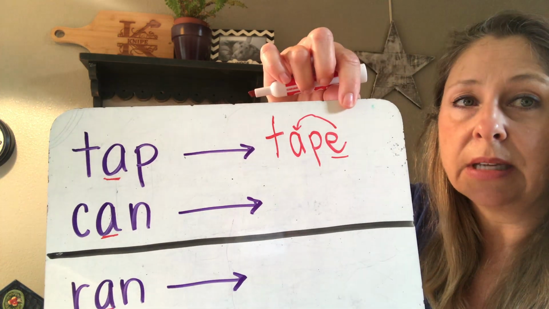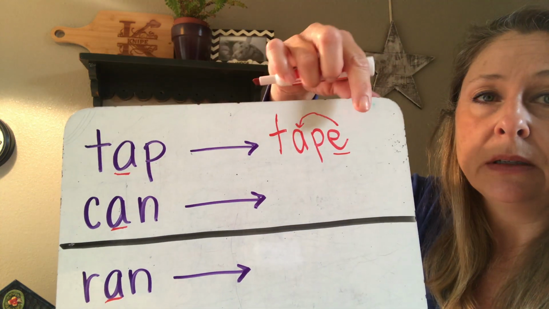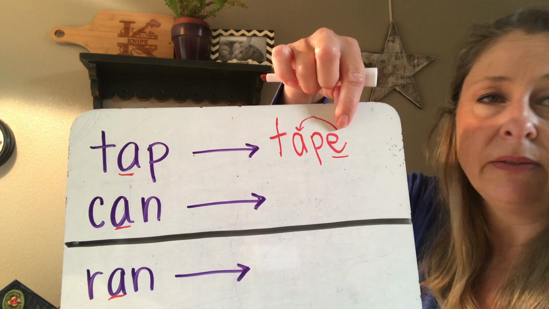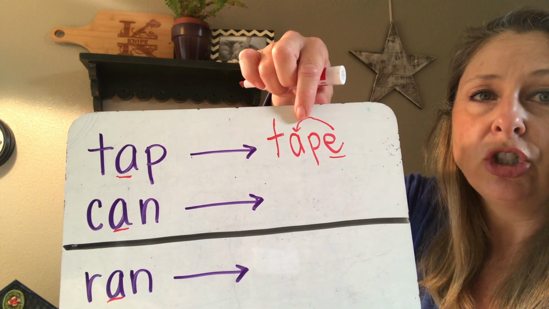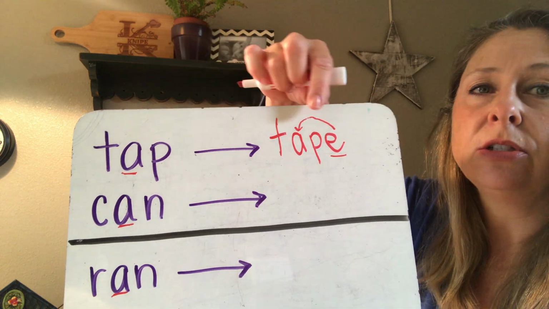And we've talked about the silent E in room 32 a lot. So from tap to tape by adding that E, because that silent E, even though it's not making a sound, is changing this A from saying ah to A. So from tap to tape.